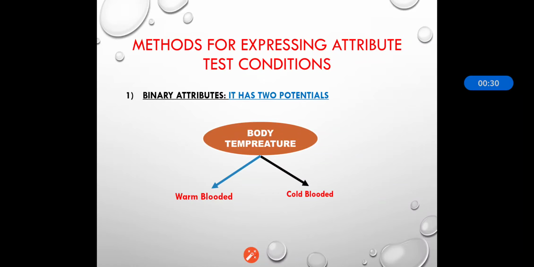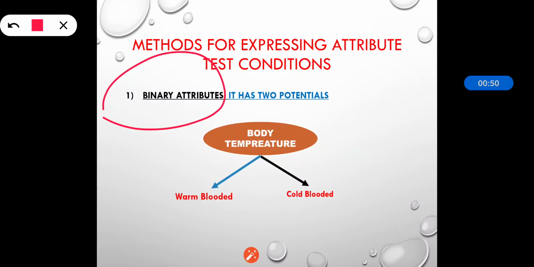So decision tree induction algorithms must provide a method for expressing an attribute test condition and its corresponding outcomes for various different attribute types. Starting with the first, that is binary attributes.